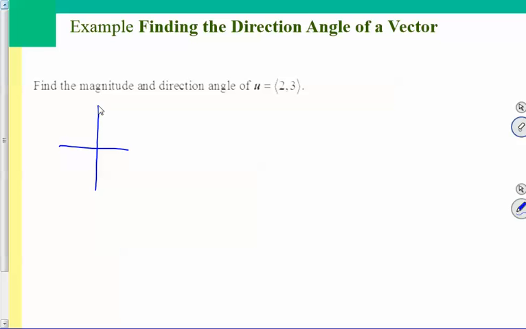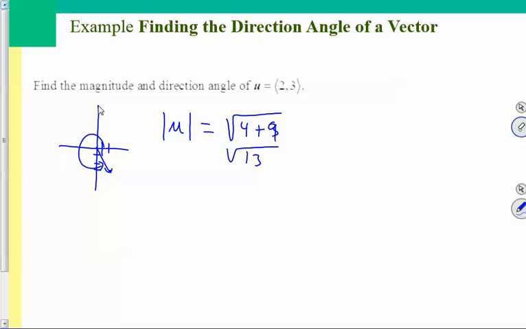If I draw it, 1, 2, and 1, 2, 3, boom, I'm right here, so my direction angle is going to be pretty small. First, let's find the magnitude of u. That is simply the square root of 4 plus 9, so radical 13 is my magnitude.